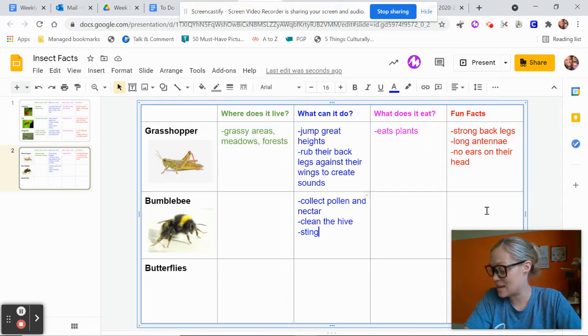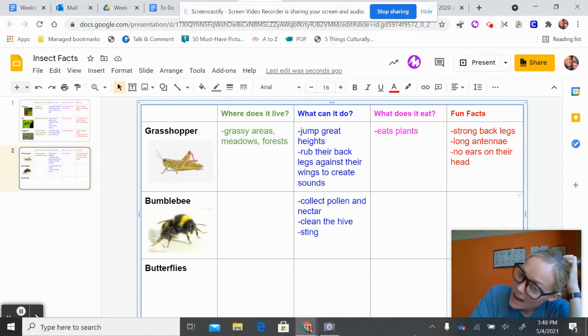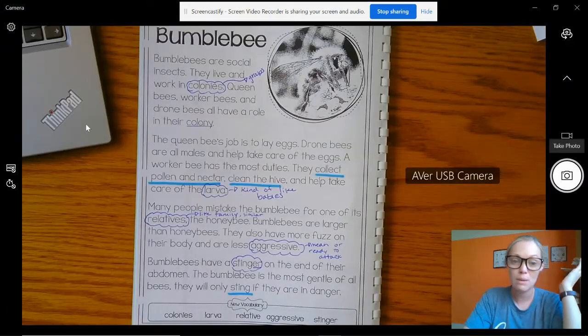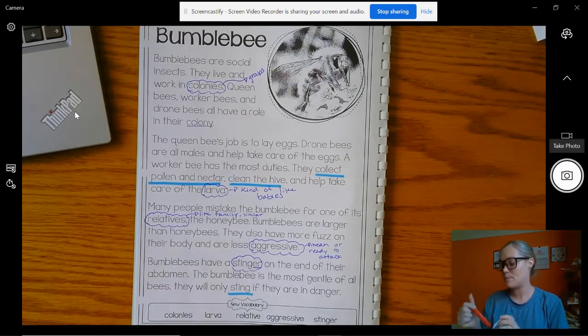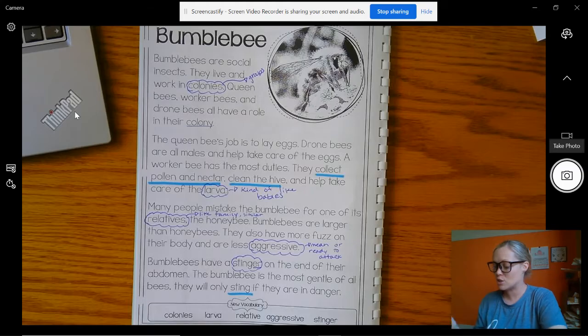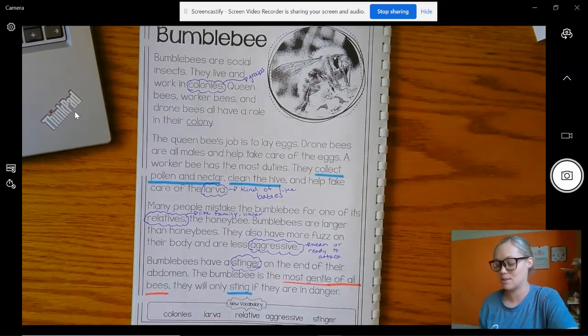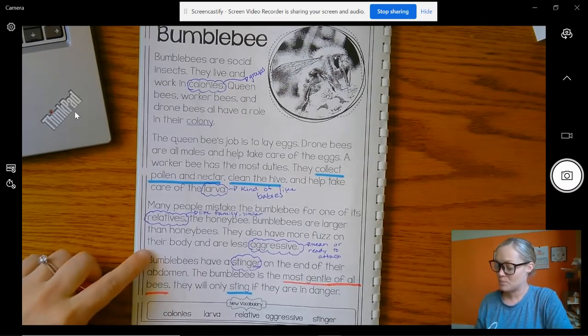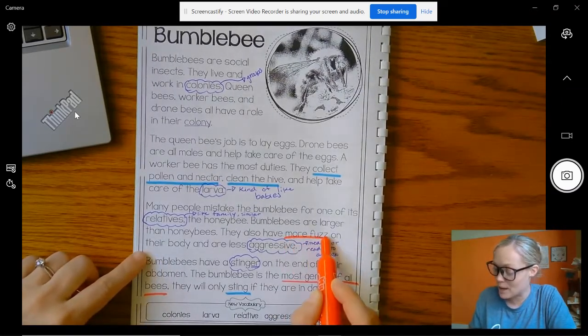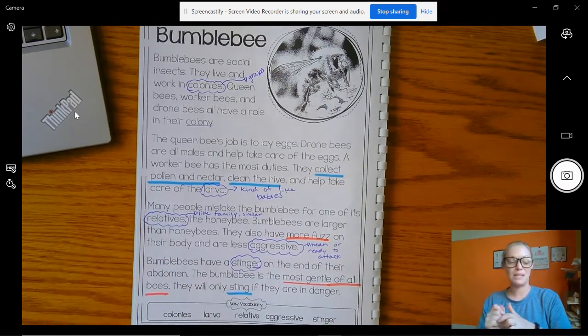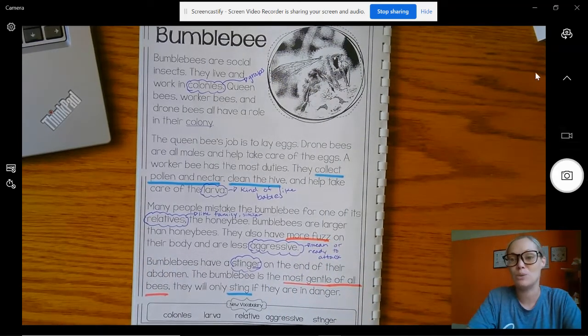And any fun facts? Any fun facts that we found? I thought it was a fun fact, which maybe you don't. We can find something else, but I thought it was a fun fact to learn that they are the most gentle of all bees. I thought that was interesting. And maybe that they have more fuzz than honeybees. I thought that was interesting too.